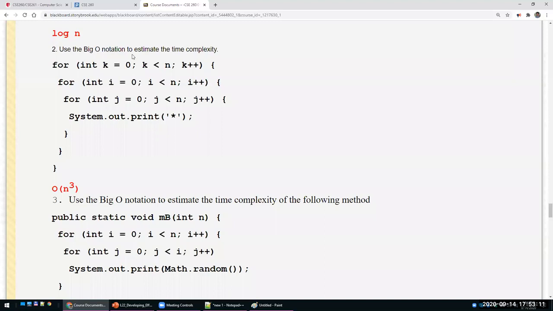Another simple algorithm, we have 3 nested loops. k iterates from 0 to n, i iterates from 0 to n for every k, and j iterates from 0 to n for every i.